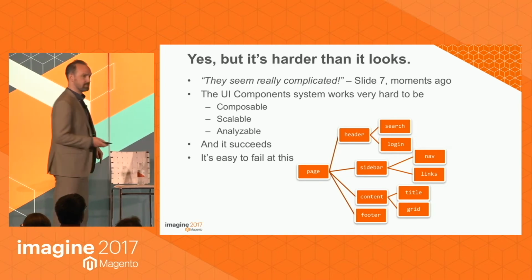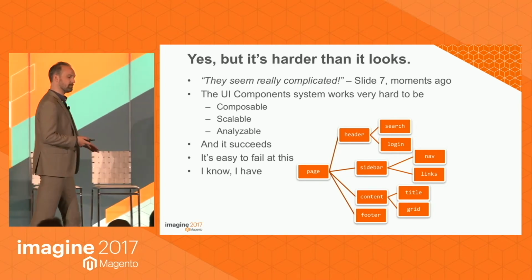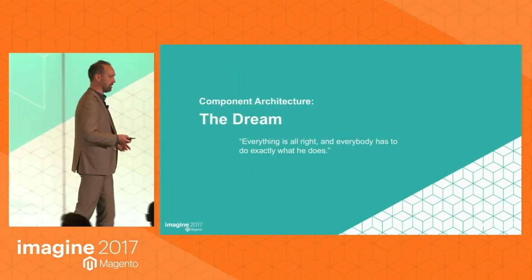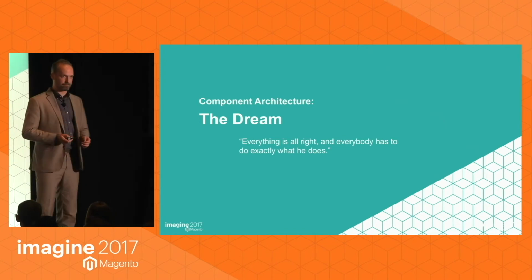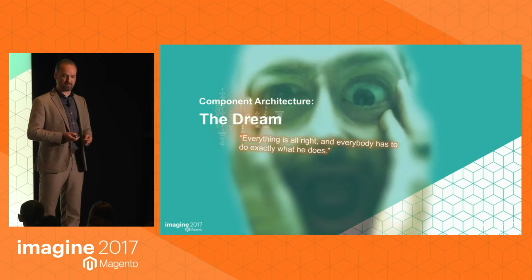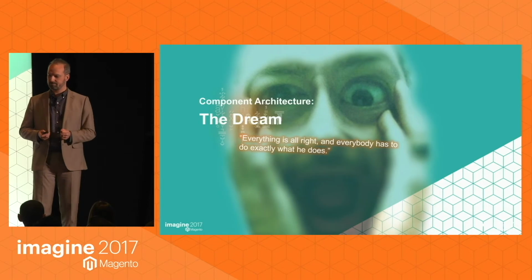When you fail at this, and you still try to build a component architecture, it goes a little something like this. Long ago, I had a dream of a similar architecture. Before Magento, before anything. And that dream turned into a different type of dream. I'm going to recall it to you, even though it's still painful for me.